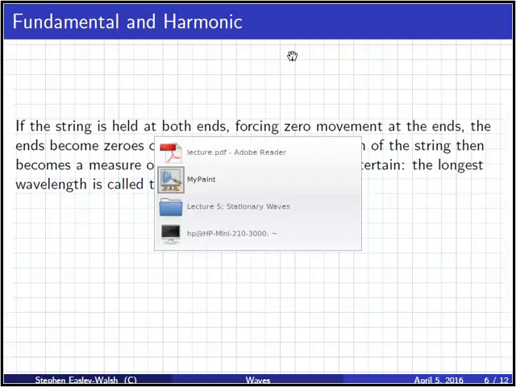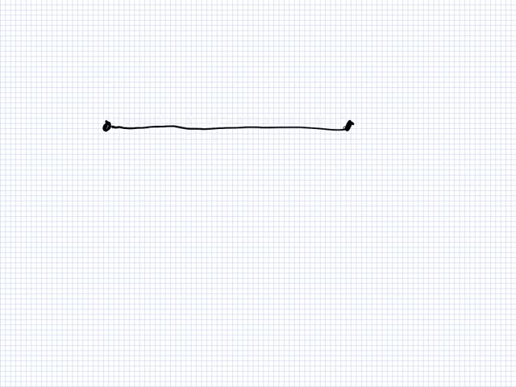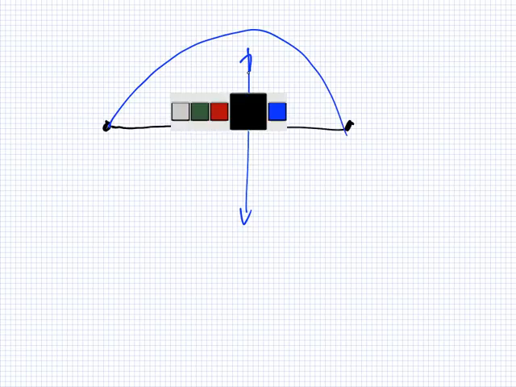So in other words, if you have a string, there are many ways you can make a wave on it. Picture a guitar string. One way it could vibrate is up and down like this. But another way it could vibrate is maybe like this.